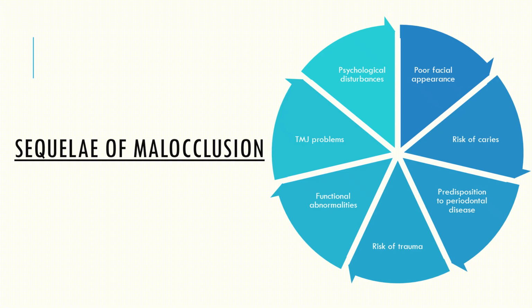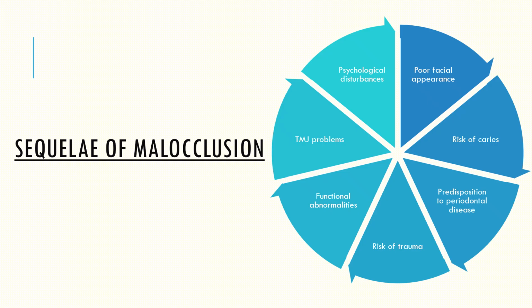Psychological disturbances are usually associated with poor facial aesthetics and appearance. Malocclusion can turn an otherwise perfectly normal person into an introvert or a self conscious person. Risk of trauma, usually associated with proclined teeth, which carry a high risk of injury.